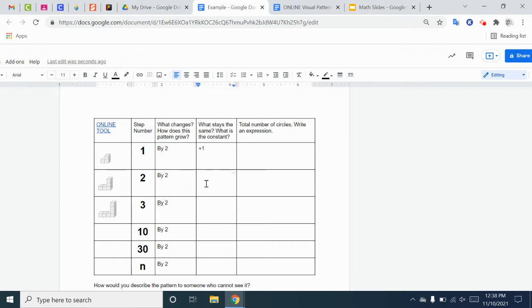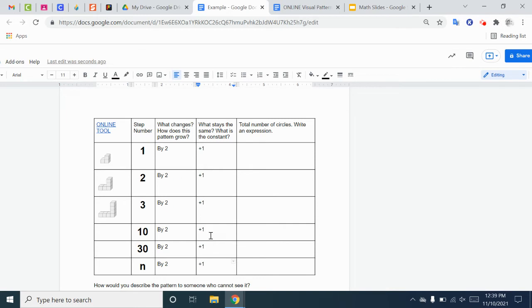So every single time I'm going to put plus 1, plus 1, plus 1. Because every single one is going to have 1 in the corner right here. And every single one is going to grow by 2 because it's going to put 1 on top and 1 to the left. Because here there was 1, now there are 2 on top and 2 on the left. Now there's 3 on top and 3 on the left.